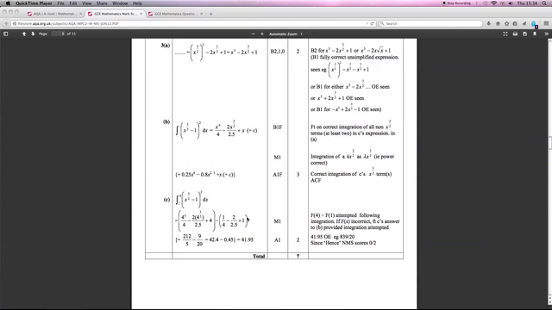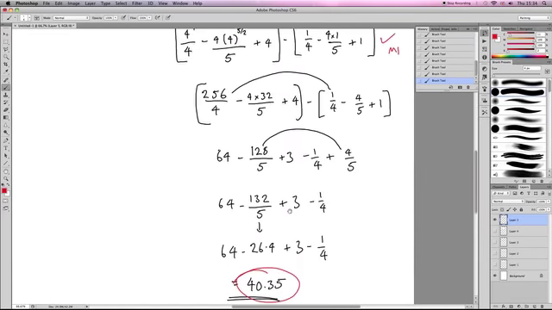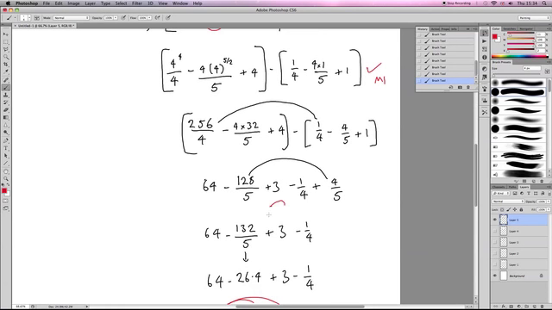Where did I go wrong? It's probably up here somewhere. Let's see.